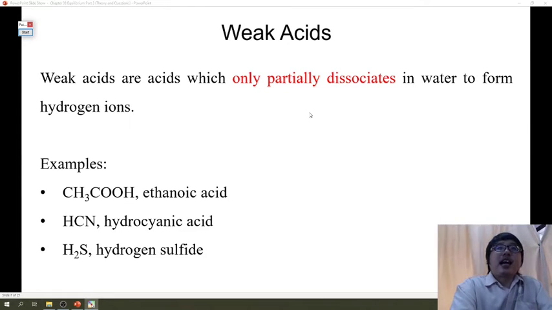Weak acids are acids which only partially dissociate in water to form hydrogen ions.